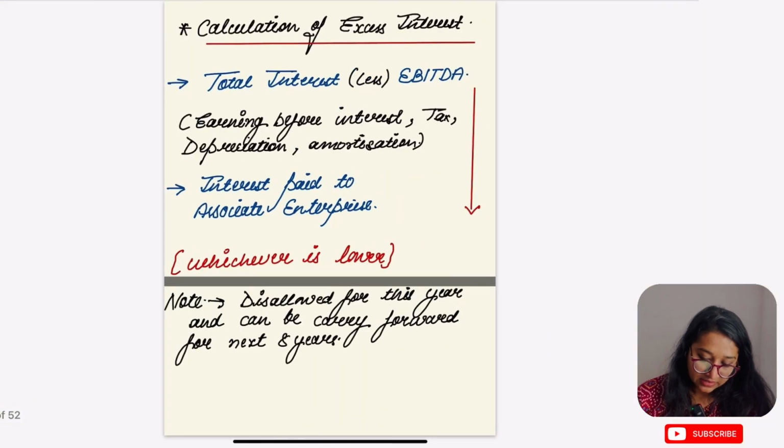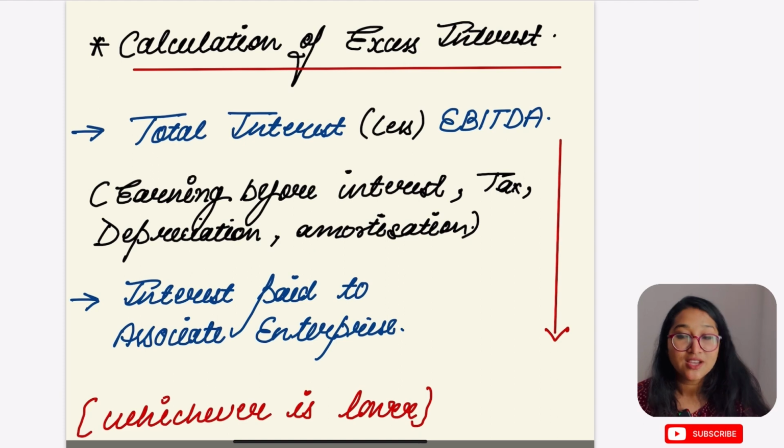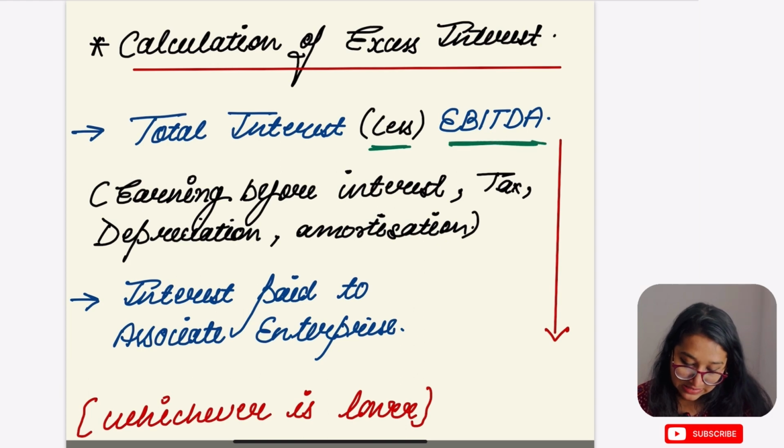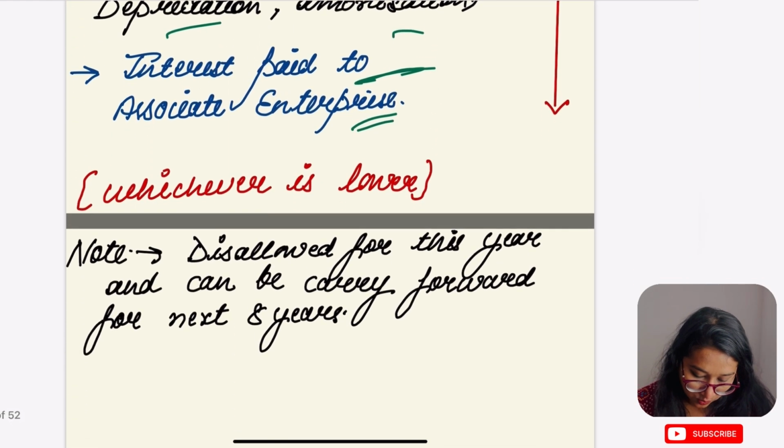Let's go to the calculation of excess interest, where we take the total interest payable by the associate enterprise to the non-resident associate enterprise, which is to be reduced by EBITDA, earnings before interest, tax, depreciation and amortization, or the second part, interest paid to the associate enterprise, whichever is lower.